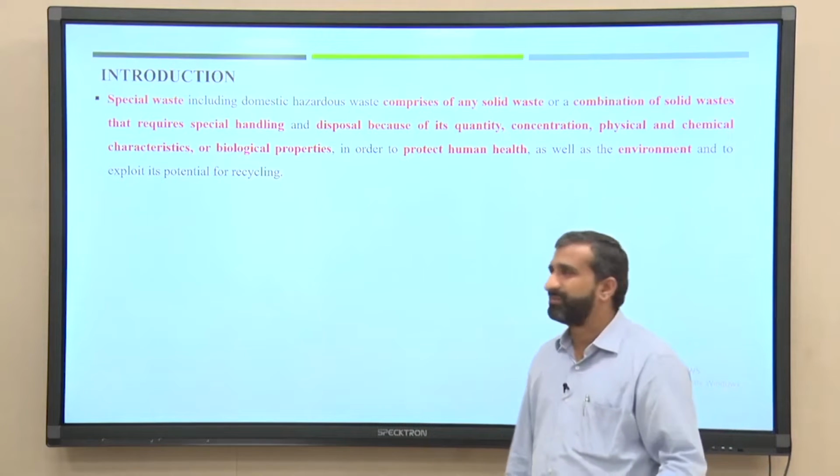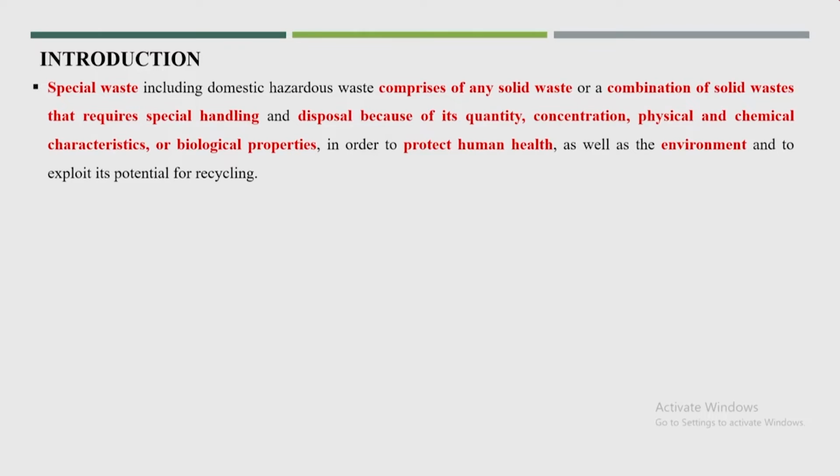The definition of special waste is given like this: including domestic hazardous waste, it comprises any solid waste or a combination of solid waste that requires special handling and special disposal because of its quantity, concentration and different characteristics or biological properties, in order to protect human health as well as the environment. This is the proper definition of special waste.